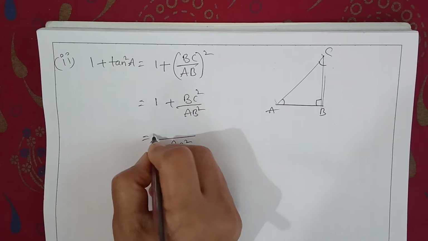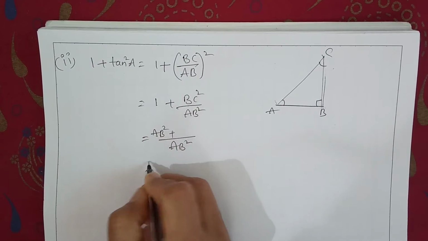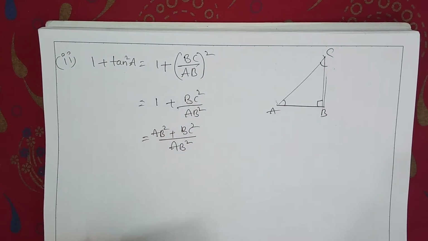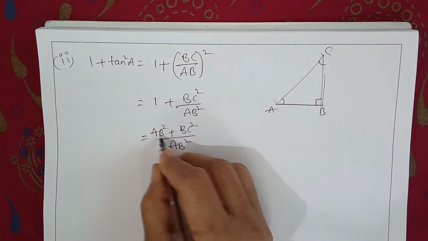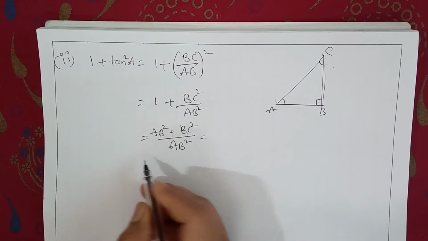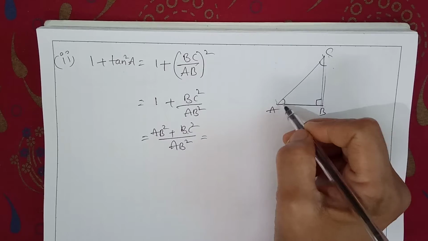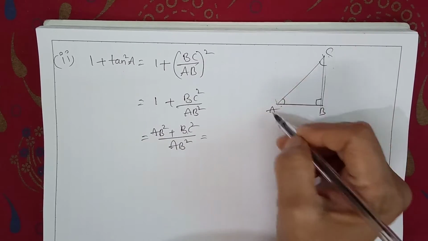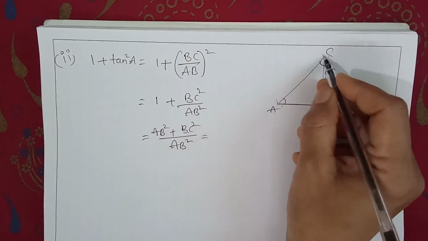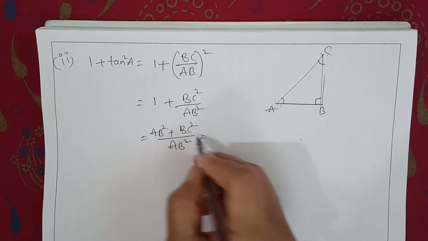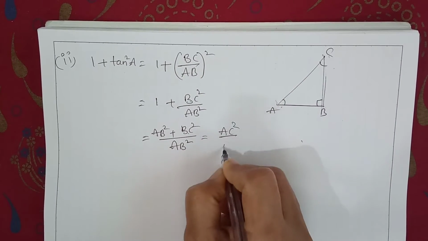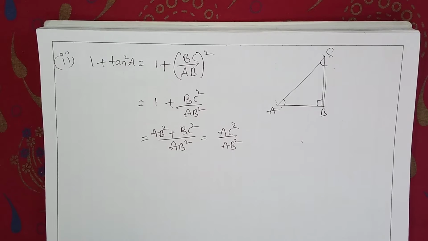Now AB square into 1, AB square plus BC square. What is AB square plus BC square? Just now I said, by Pythagoras theorem, or we can say directly from this triangle, AC square. AB square plus BC square is nothing but AC square by AB square.